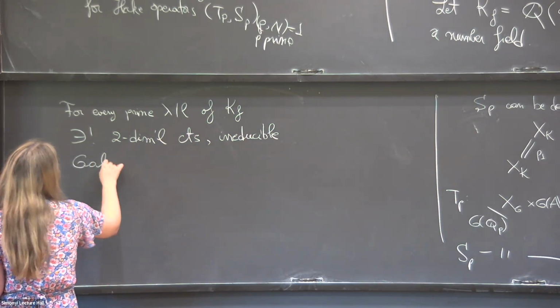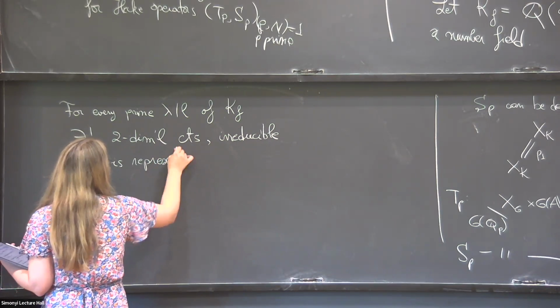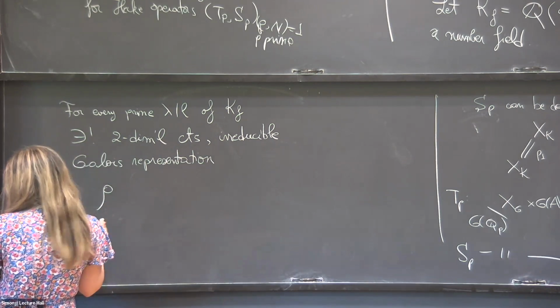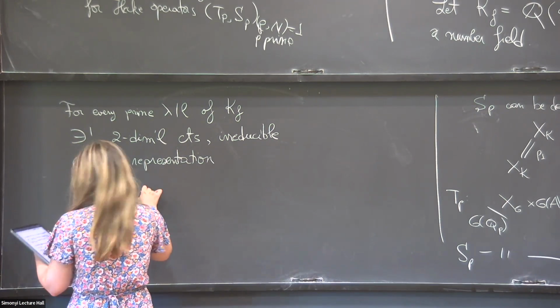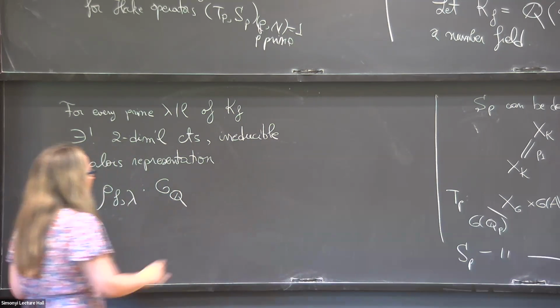Galois representation just means representation of the absolute Galois group. And this is going to be rho sub f lambda. And it's a representation of the absolute Galois group of Q.